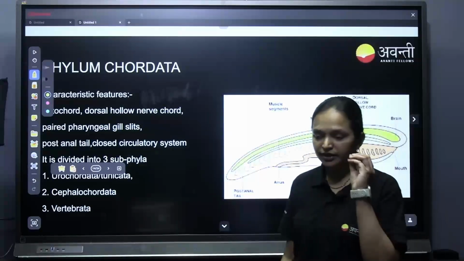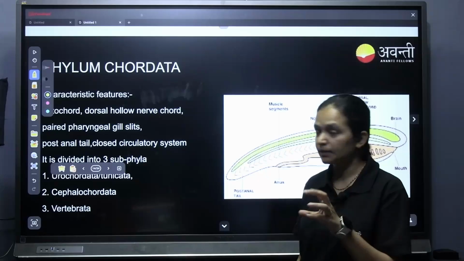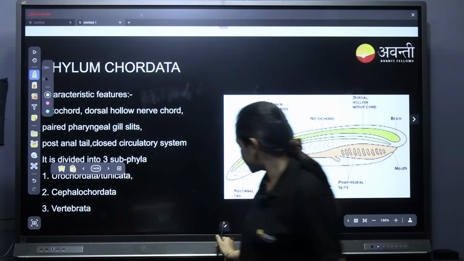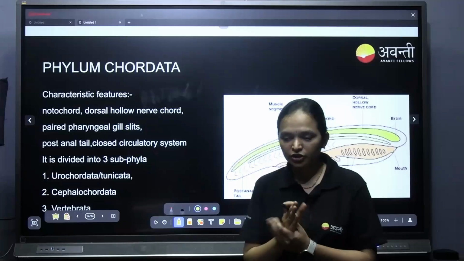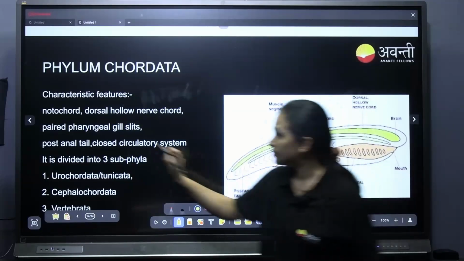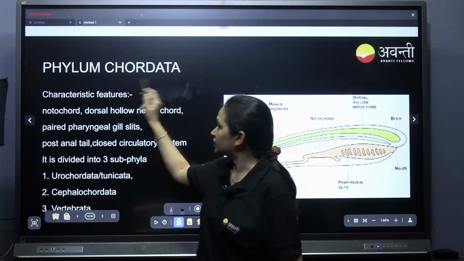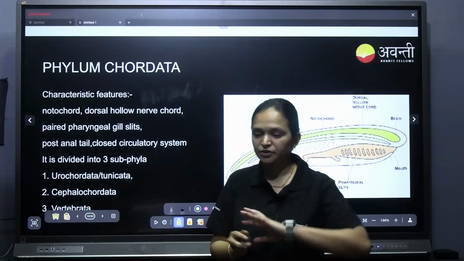Now, one of the important phyla we have come to is chordata. Chordata's features: notochord. Till now in non-chordates this notochord was absent, that's why they were non-chordates.